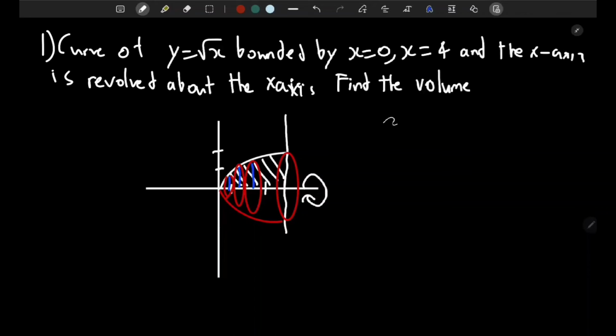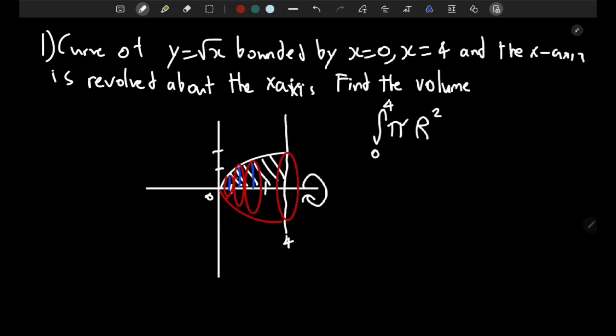So here now let's write the integration. It's going to be from 0 to 4. So this was 4 and this is 0 over here. We're starting from 0, we're ending at 4. Now the formula is pi r squared, and r here is going to be the radius. And what do we agree on for the radius? It is simply the function over here.